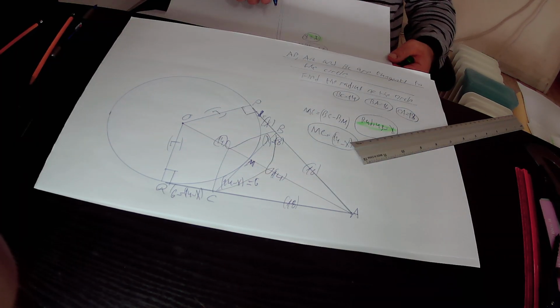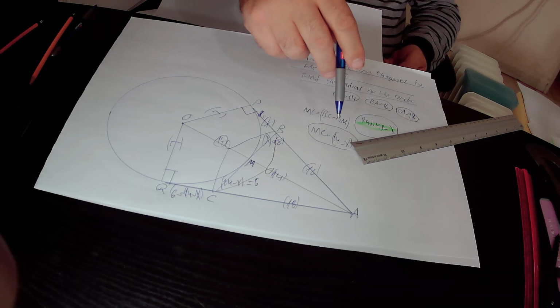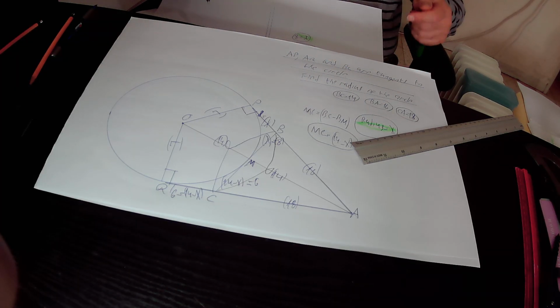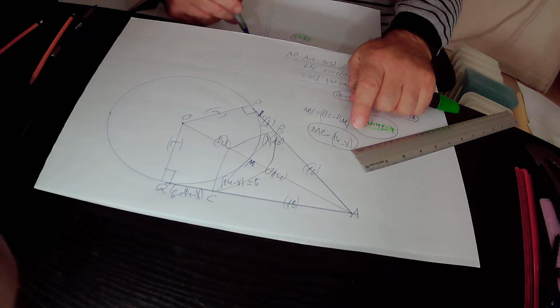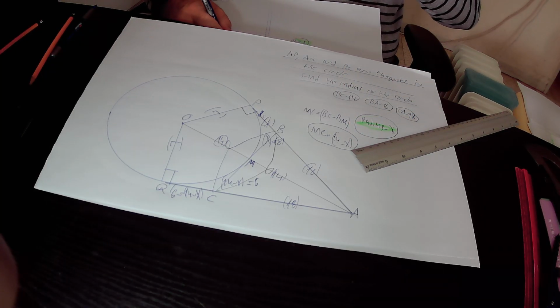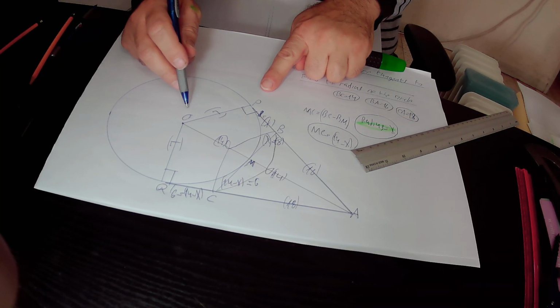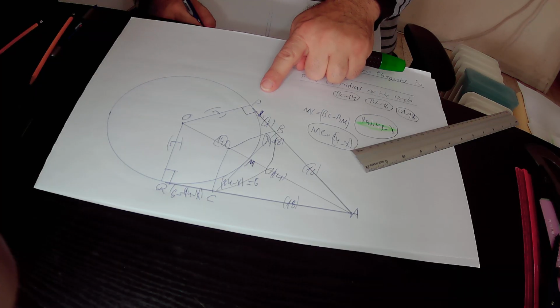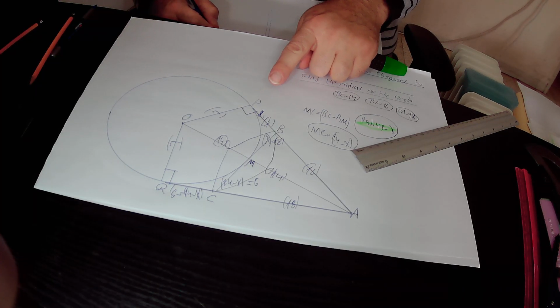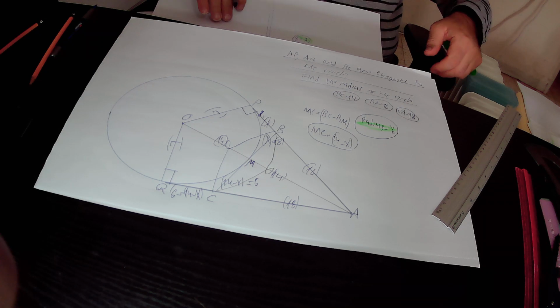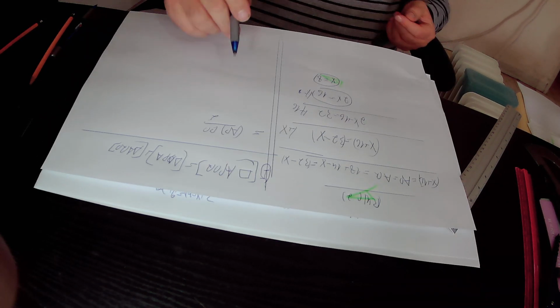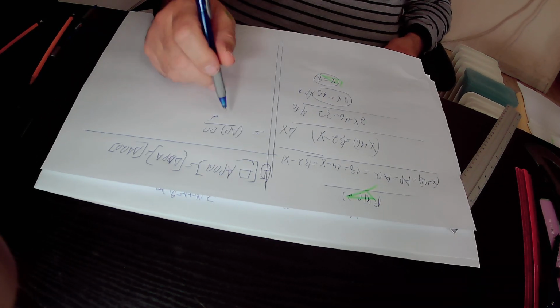So what is the area of this upper right triangle APO? It must be equal to the base AP times the height to the base, that is PO, over 2.